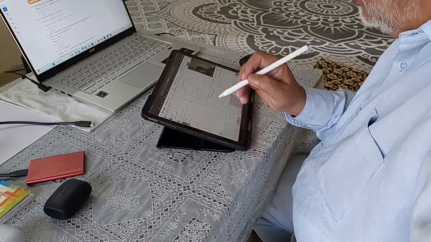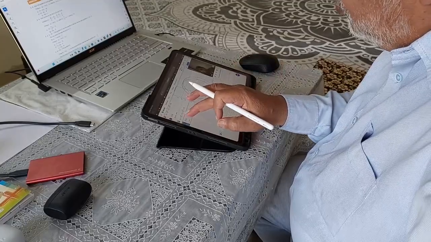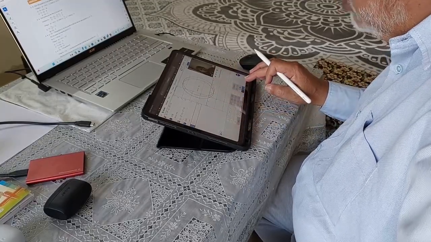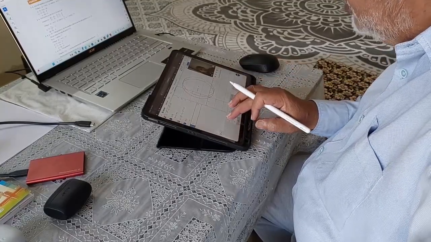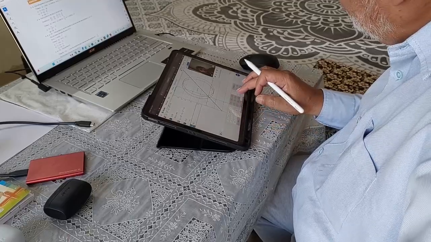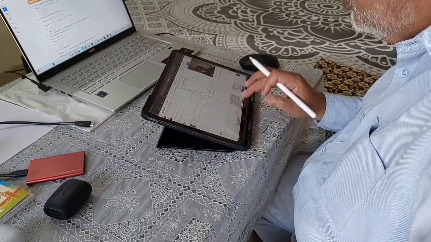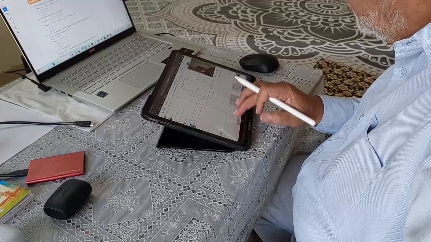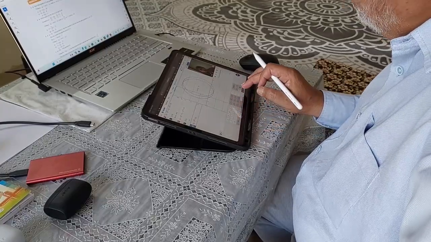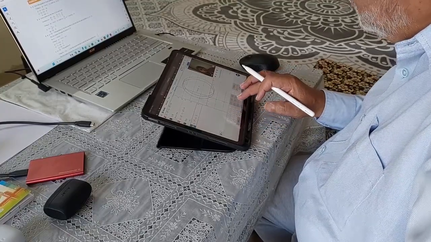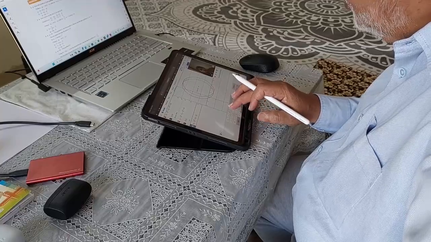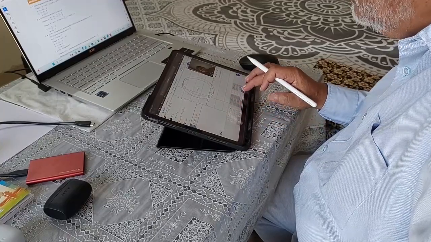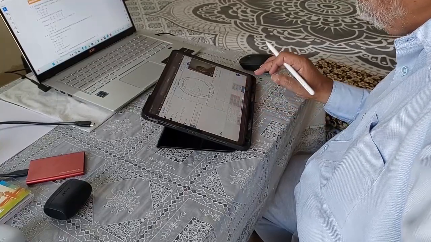Okay. And suppose if you do a change in the y coordinate, suppose (x minus 2) bracket square plus bracket (y minus 4) bracket square is equal to 16, same thing.